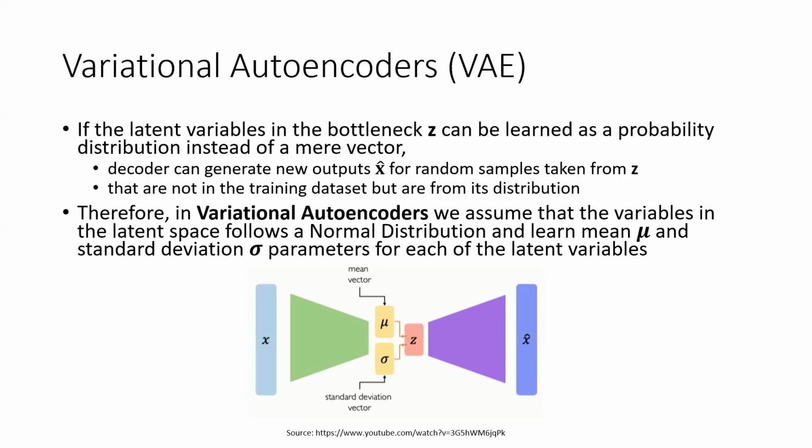Because that is how things naturally occur in nature. So you can mathematically prove that that is how it should happen. We are not going to prove it. So each of the variables in this Z vector can be considered as taken from a normal distribution, right?